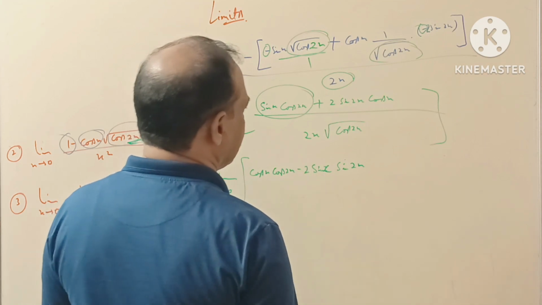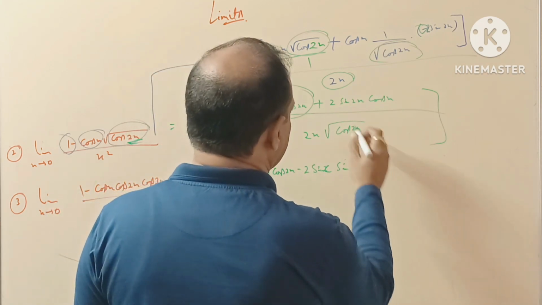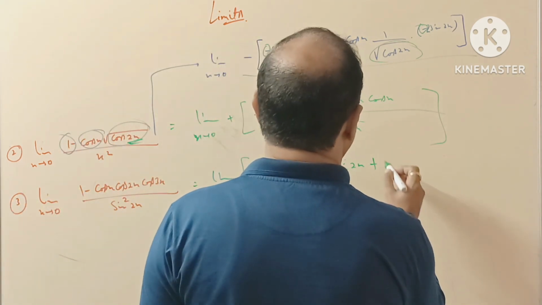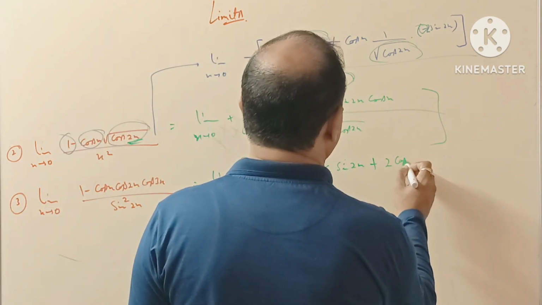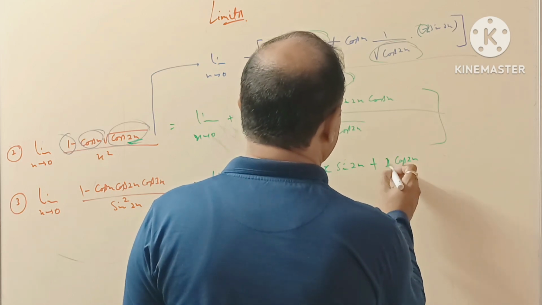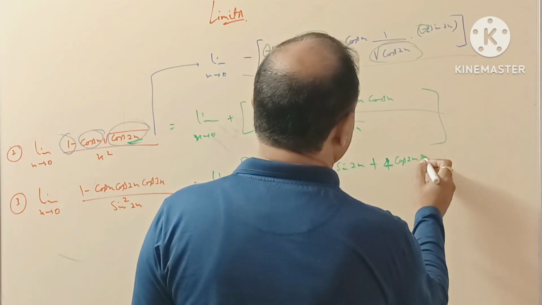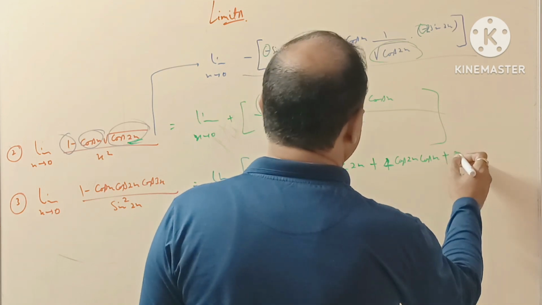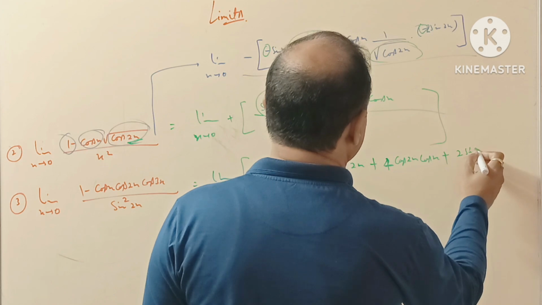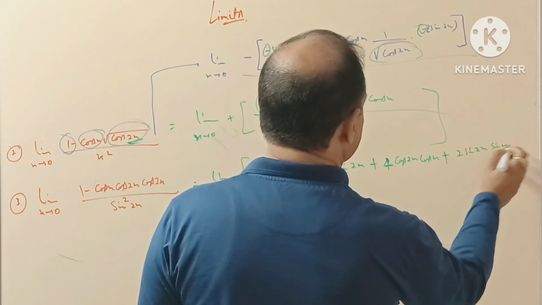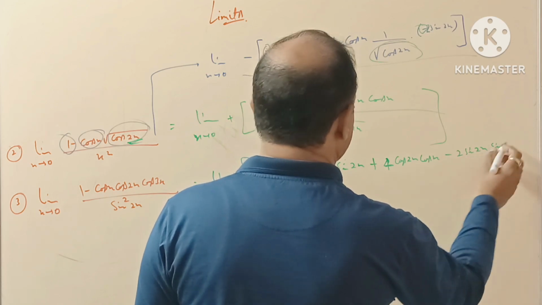Plus, if I differentiate sin 2x, it will give you 2 cos 2x, and with the other 2 it will become 4 cos 2x times cos x, plus this remains as it is, 2 sin 2x, and cos x will give me minus sin x, and here this will become a negative sign.